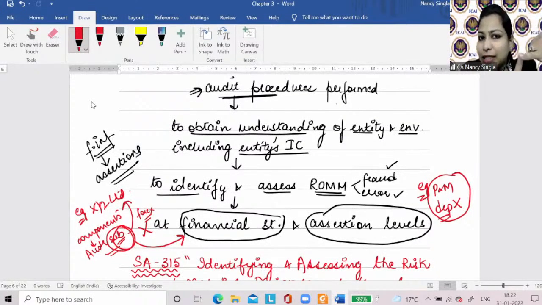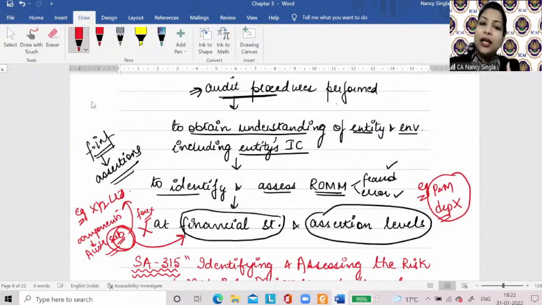The depreciation that is coming in the P&L and the plant and machinery balance that is coming in the balance sheet. Okay? So is it affecting all the assertions that are appearing? No. However, in our earlier example, that is going to impact all the assertions of the financial statement.